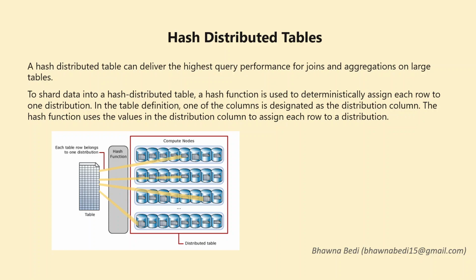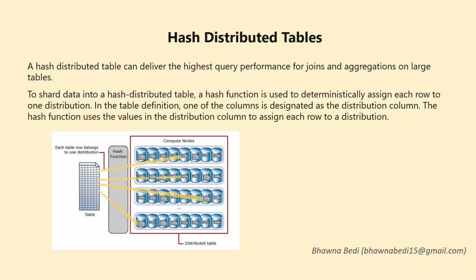It will deliver very high query performance whenever you are doing joins or aggregations on a large table, because your SQL Analytics already knows where your data is distributed, because you have distributed your data using a hash function, which in turn uses the distribution column you define to hash your values to a particular distribution.